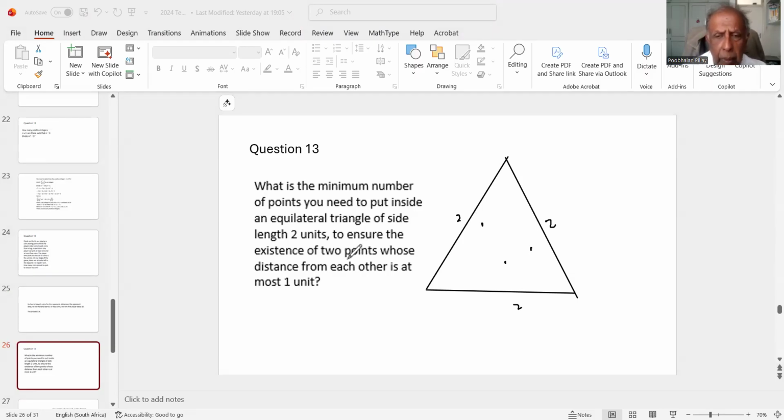If I put 3 points like this, and I want to ensure the existence of 2 points whose distance from each other is at most 1 unit. Let me put this a little bit further away.